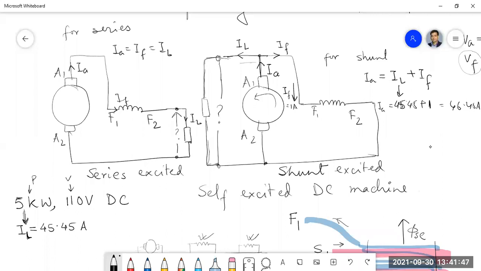Resistance should be very high. So the field resistance should be very high compared to the armature resistance that I have drawn in the last class. So for shunt, the field resistance is quite high compared to the armature resistance.